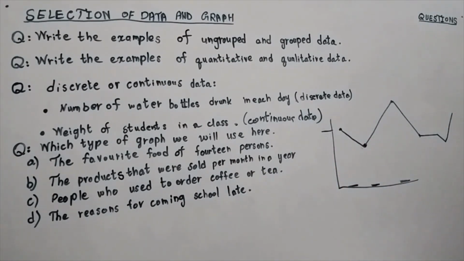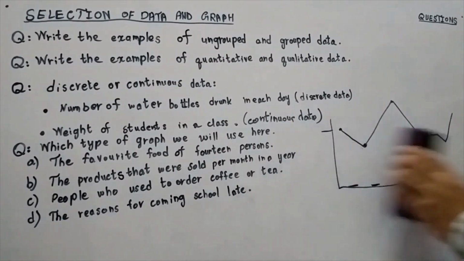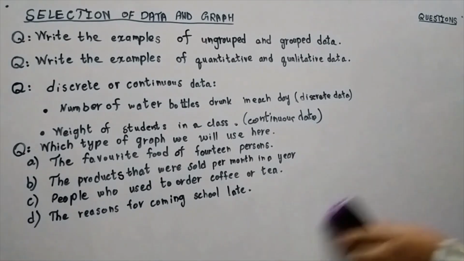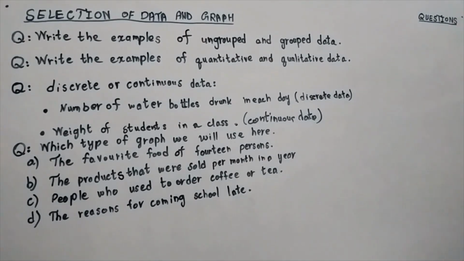Clear? In our third part, people who used to order tea or coffee. Here we have to see the number of people who used to order coffee or tea.